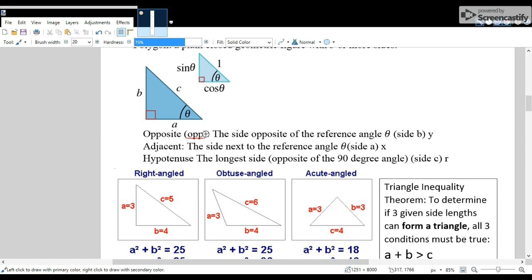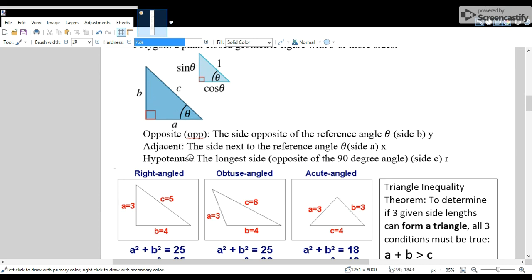So opposite, abbreviated OPP, is the side opposite of the reference angle. It's the side B. It's the side that's opposite of theta. It's also called Y commonly.